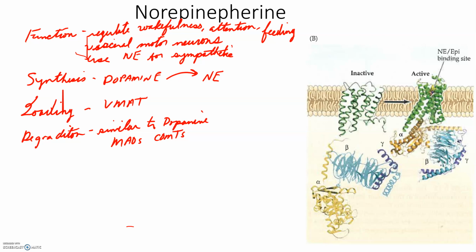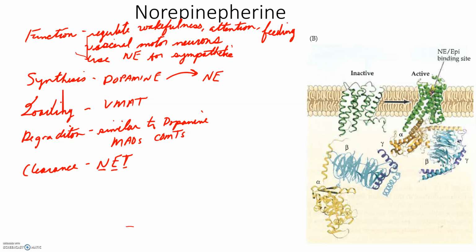It's a sodium-dependent co-transporter that can also clear dopamine, but it has a greater affinity, a greater ability to bind and bring in norepinephrine, and that's called NET. So we'll talk about clearance from the synapse. N for sodium, NE, norepinephrine transporter. It's a sodium-dependent transporter that will co-transport it up.